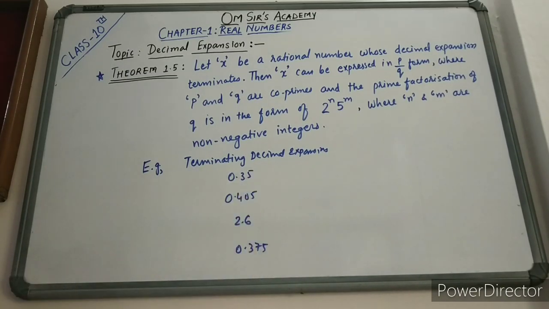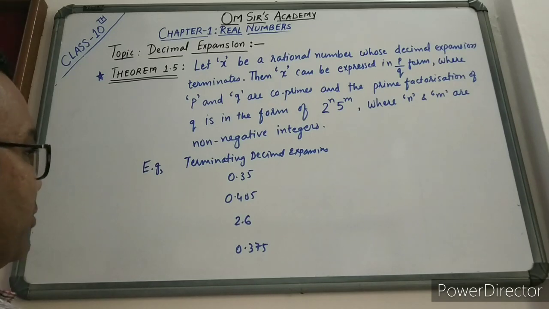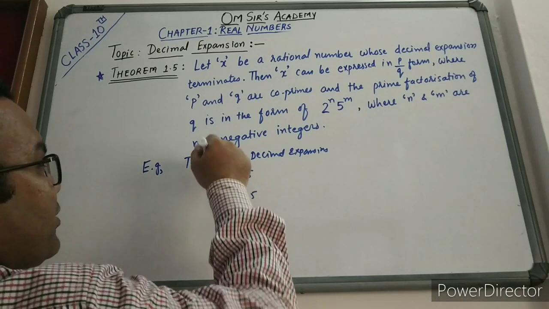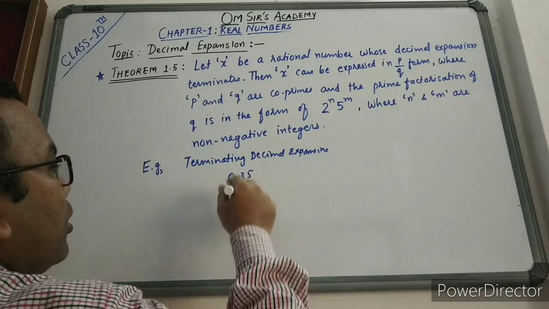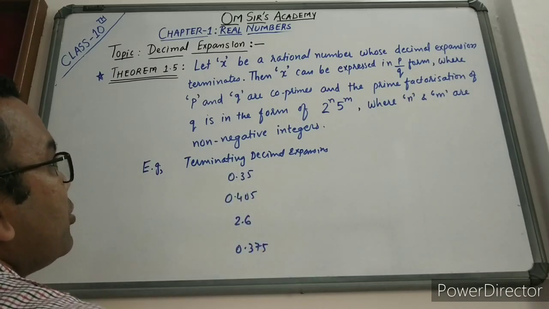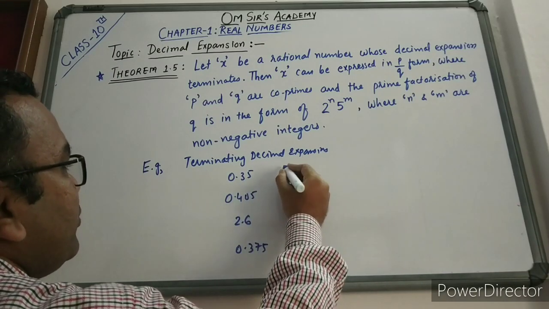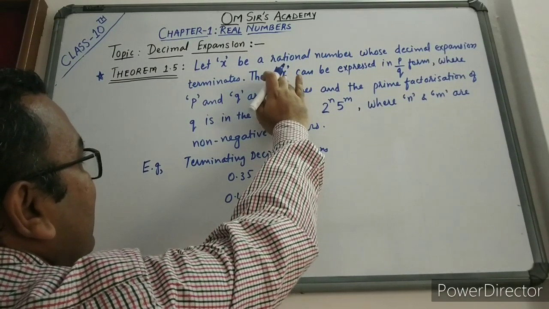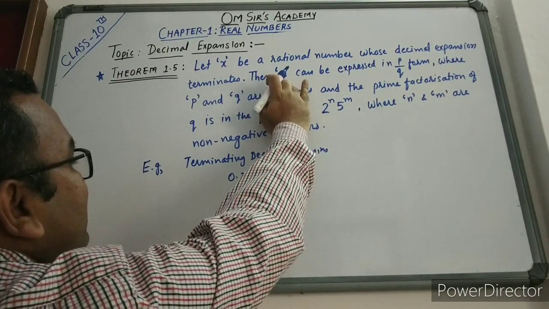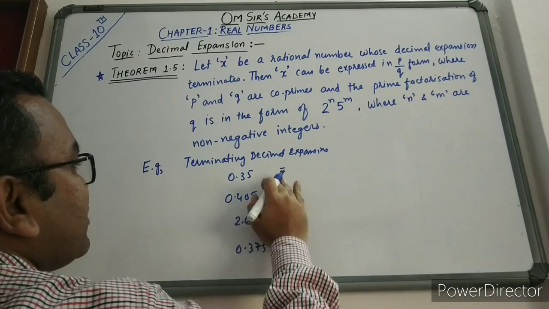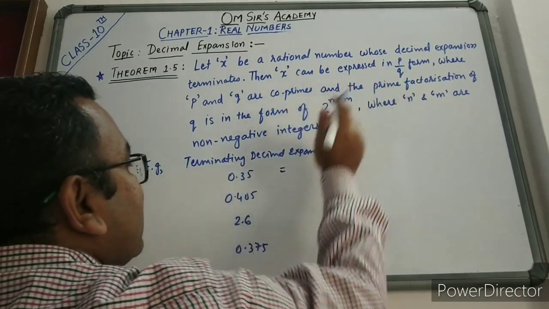These all are terminating decimal expansions. Now these all are rational numbers, so we can express them in p by q form. Assume that these are all terminating decimal expansions x.